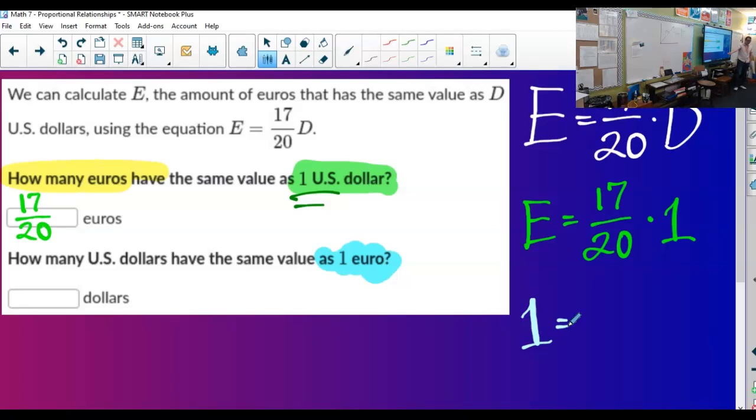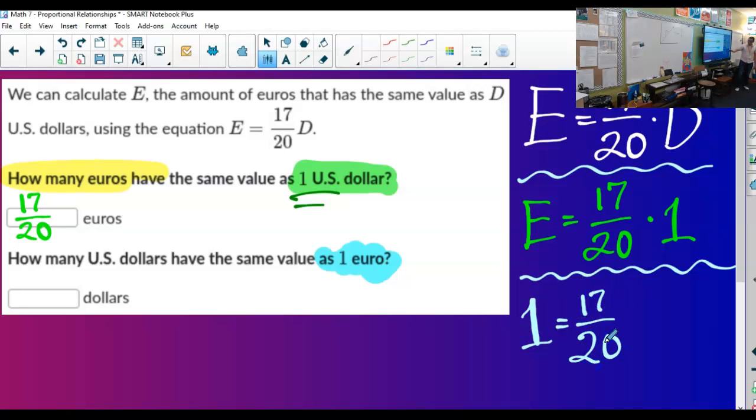€1. We filled in E for 1, new part of the question, right? I could draw a squiggly line if I want to. Equals 17 over 20, but we're trying to figure out what number I can plug in for D to make this equal out. Now, since this is a fraction, I'm betting we're going to use a fraction for our D value.